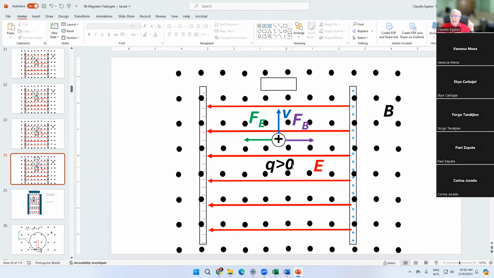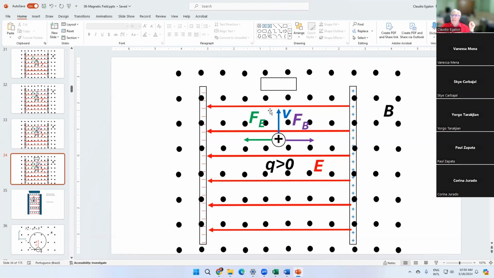And that's why this device is called the velocity selector, because it's capable of selecting charged particles of a given velocity. If you adjust the electric and the magnetic field, you're going to let only particles of a given velocity travel in a straight line towards the detector.